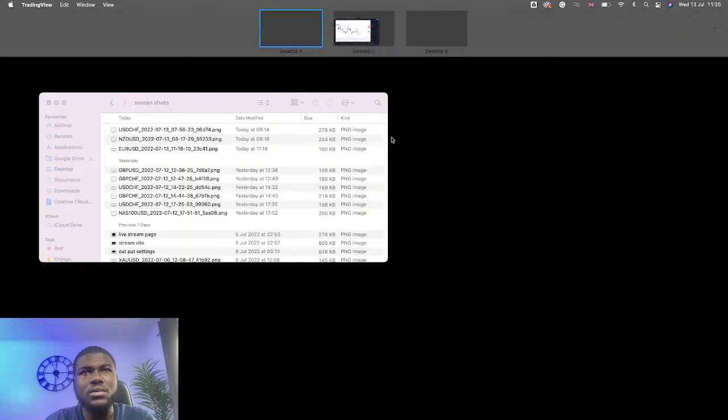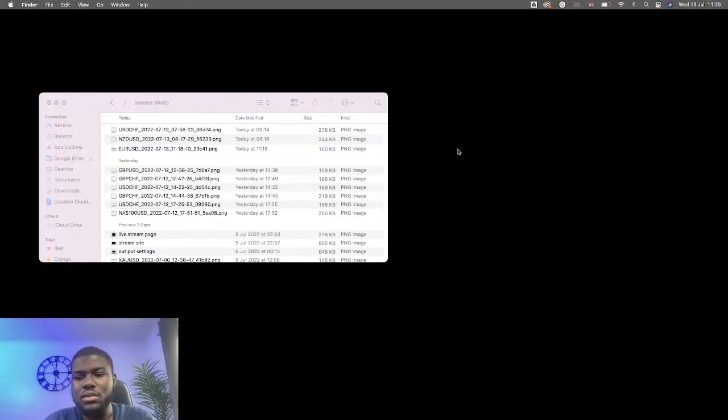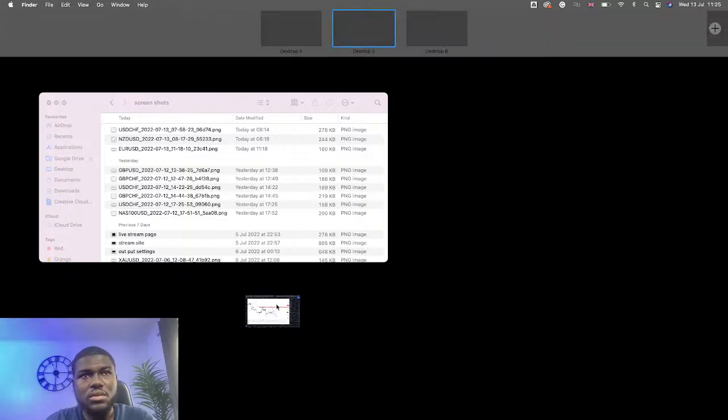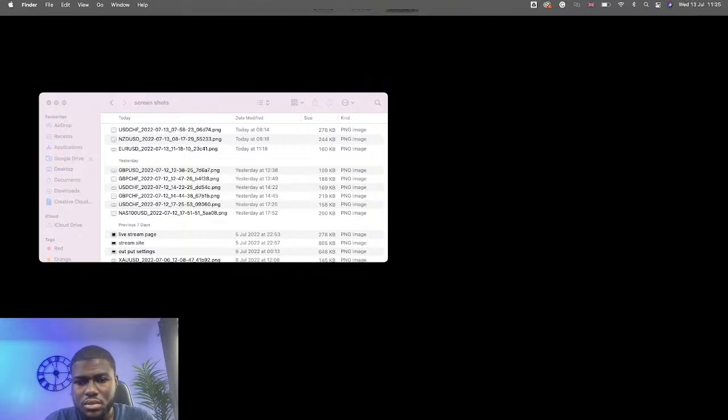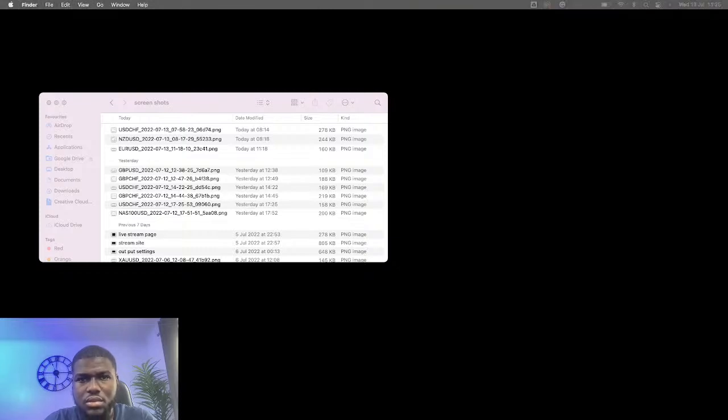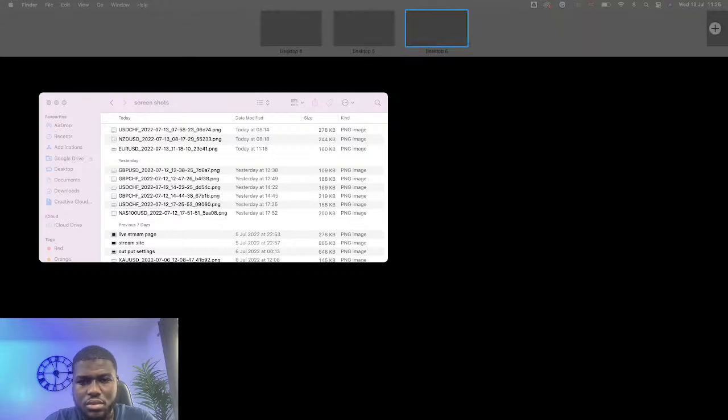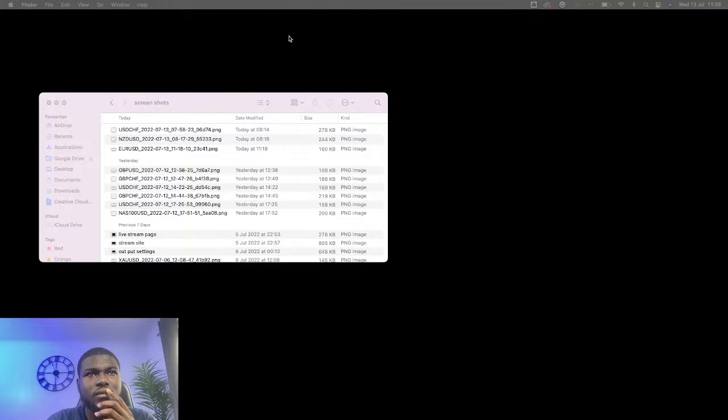I don't know why this is misbehaving. What I have to do is I think I have to quit my TradingView and open it again. That's the best solution, I think.